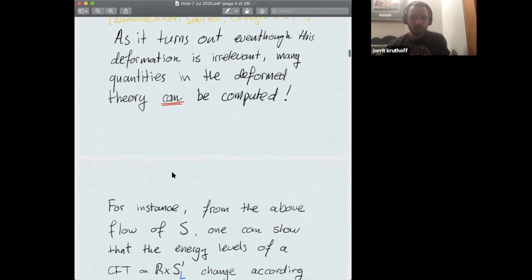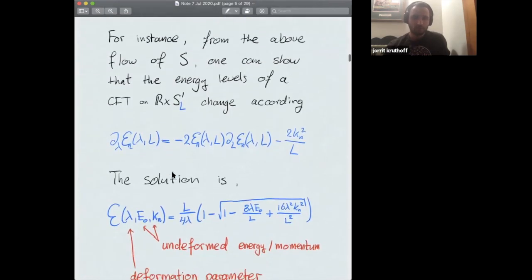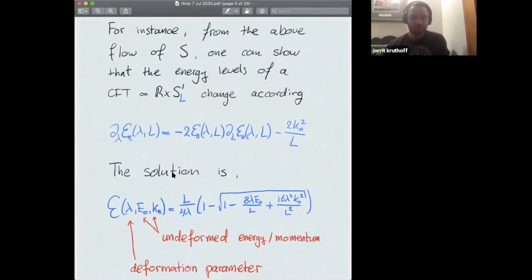One particularly interesting quantity that we can compute rather straightforwardly is, for instance, consider starting with a conformal field theory, and then considering the flow equation that I just wrote down for you. And let's consider that CFT on a cylinder. So there's a time direction that I denote here with R, and there is a spatial circle of circumference L.